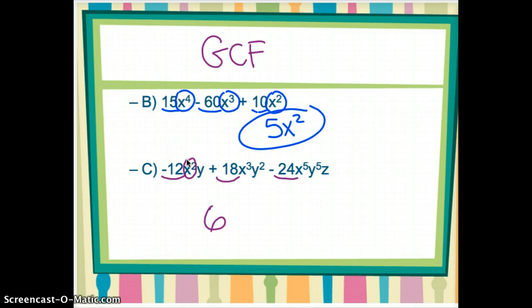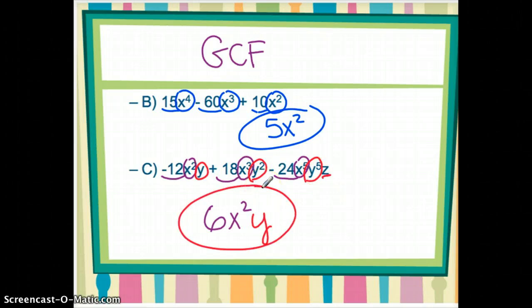When I look at x squared, x cubed, and x to the 5th, the biggest one that goes into everything is x squared. And then I'm going to start looking at my y's. When I look at y, y squared, and y to the 5th, the biggest one that still goes into everything is y. And since the first two terms don't have a z, there's no z that goes into all of it. So 6x squared y is my GCF.